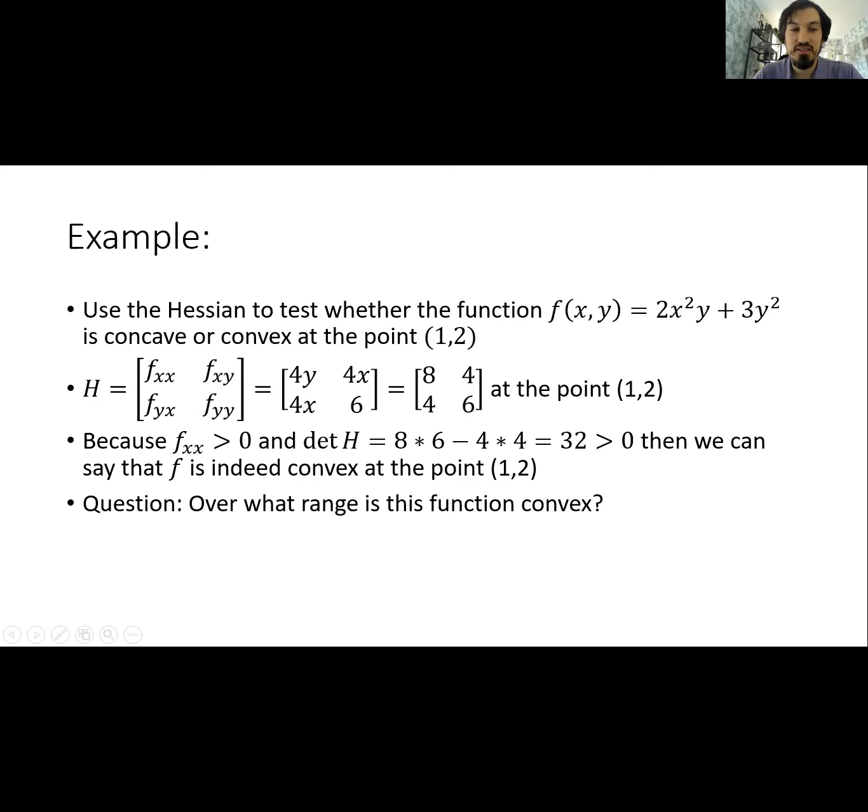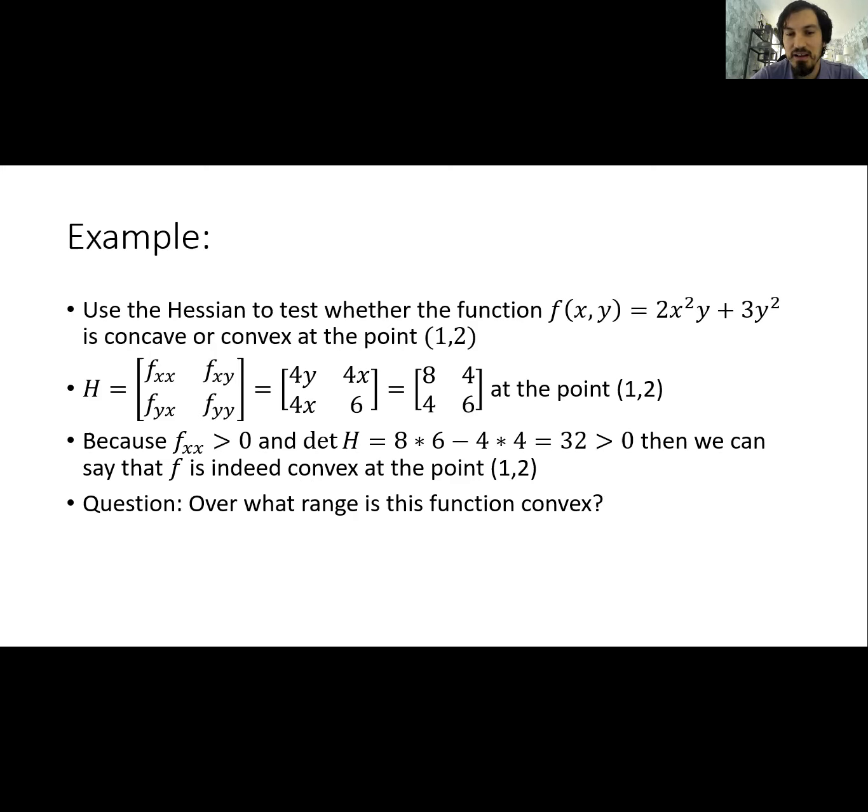Here's my next question. Over what range is this function convex? What am I asking here? I'm asking, what are all the possible values of x and y that would make this function convex? You guys want to try this? I would love it if you give it a try. Try to answer this question, and don't just look at my PowerPoint slides and see what the answer is and then give that answer back to me.